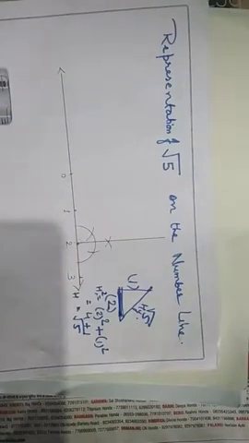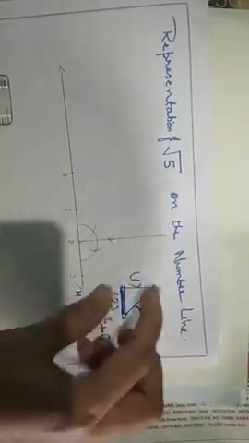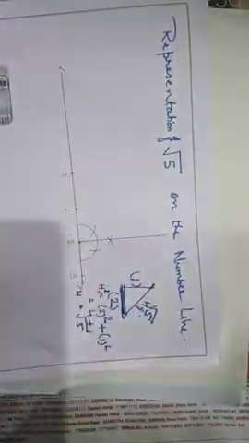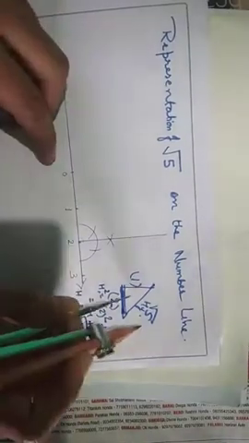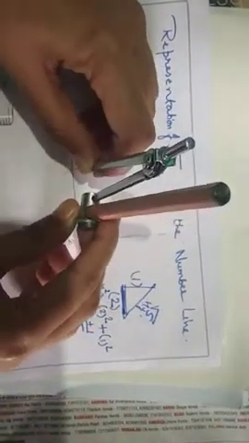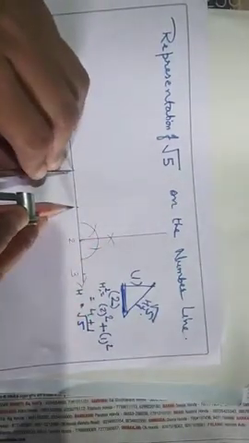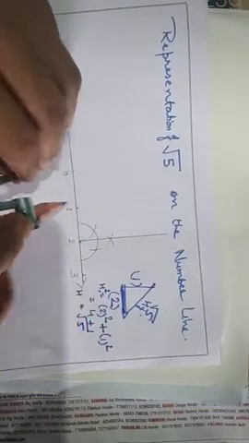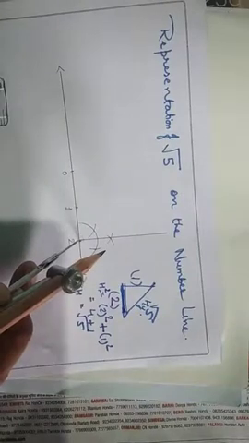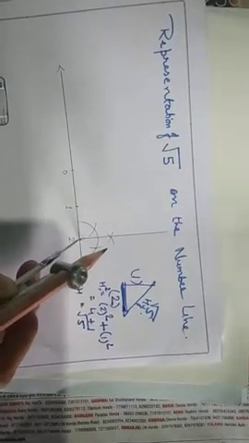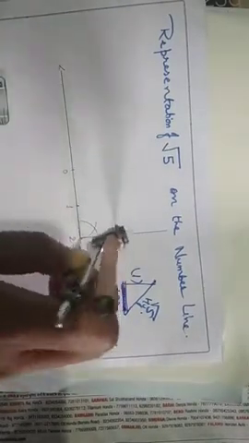Now we have to take 1 centimeter or 1 unit distance here on the perpendicular, as I have taken on the right triangle. So 1 unit I have taken this much. So this distance only you can measure, and put your compass here and cut an arc.